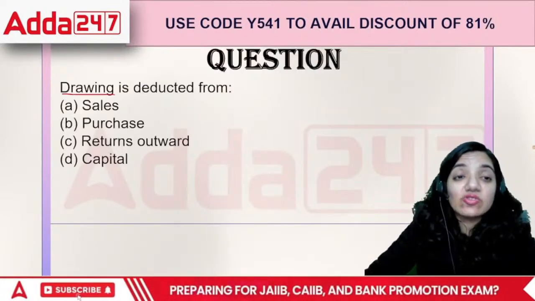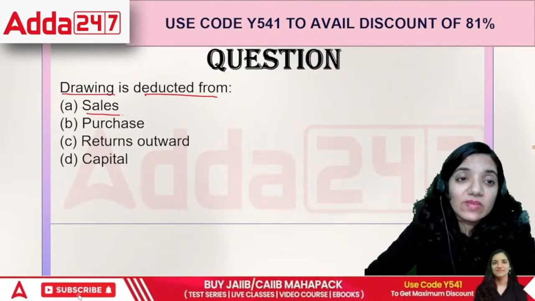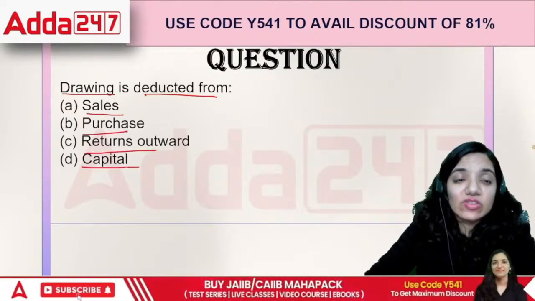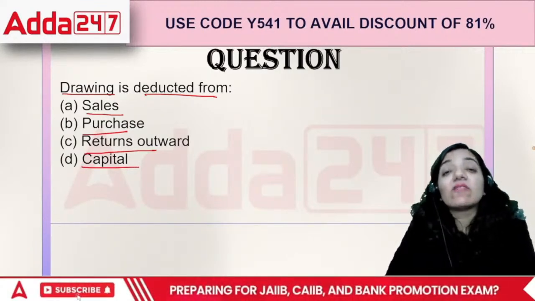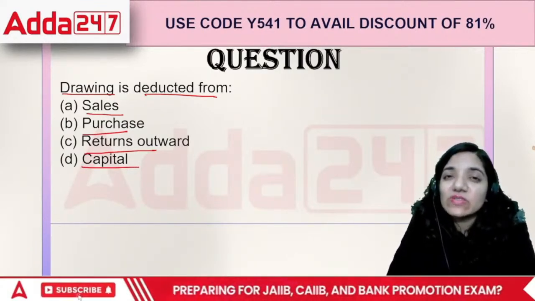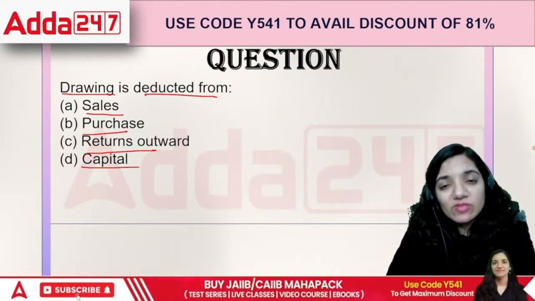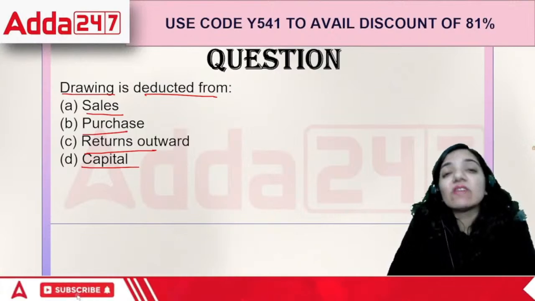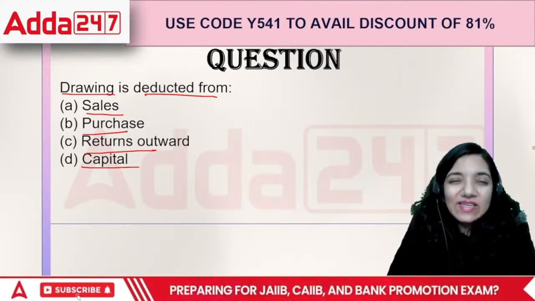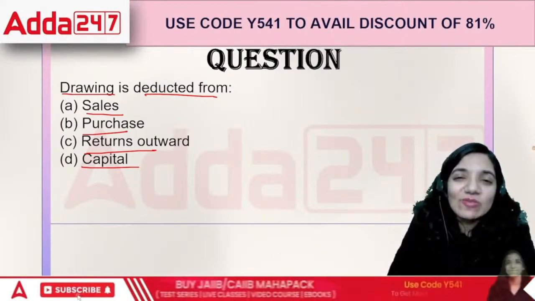It says drawings is deducted from sales, purchases, return outwards or capital. What is drawings exactly? Drawings refers to the amount that I have withdrawn from the business for my personal use, isn't it? If I withdraw money from the business organization for my personal use, it's called drawings. But that means that whatever money I invested in the business is being lessened because I am taking money out of the business.